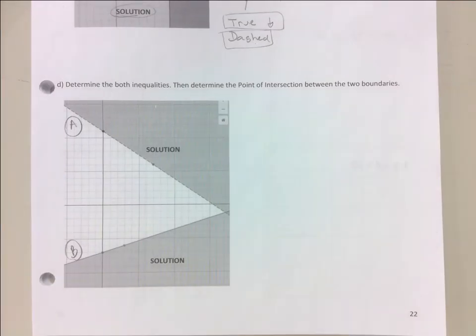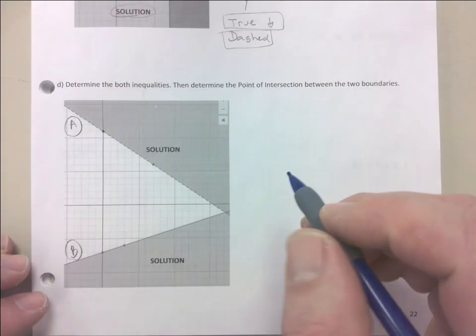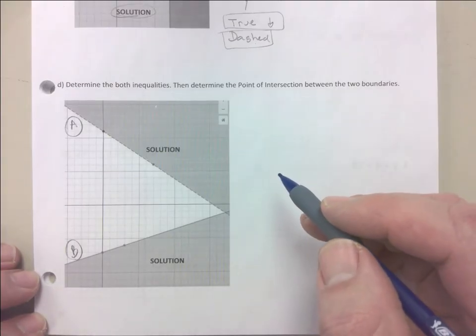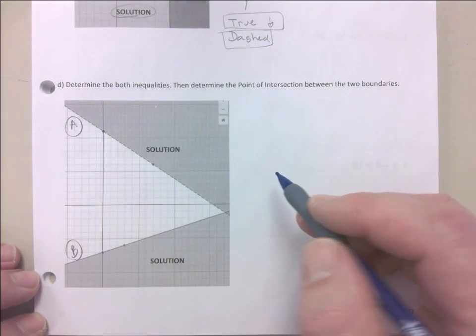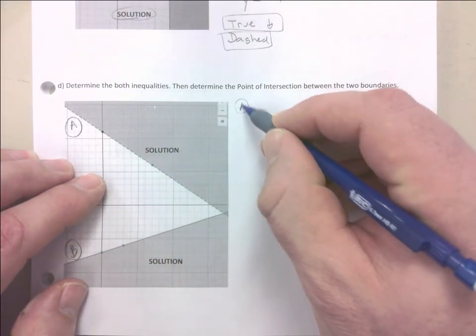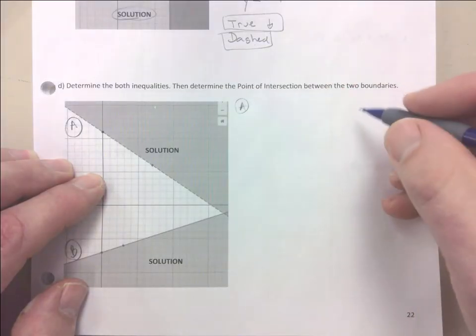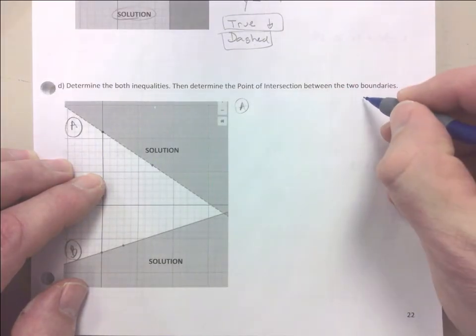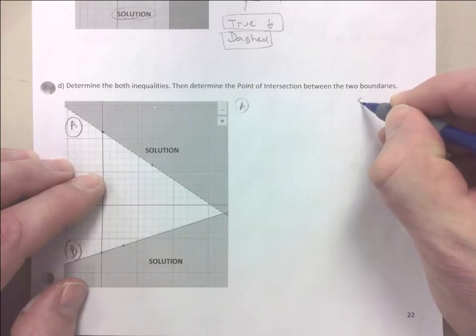So let's go back to 22 real quick. For inequality A, this is for your study sheet perhaps. For inequalities, guys, you only have 4 options.